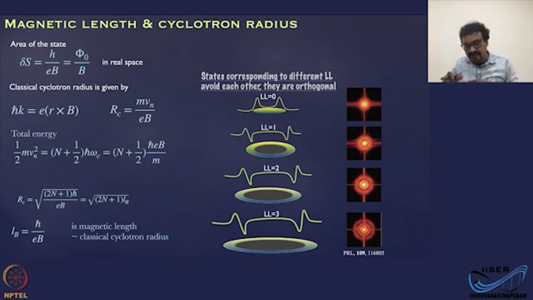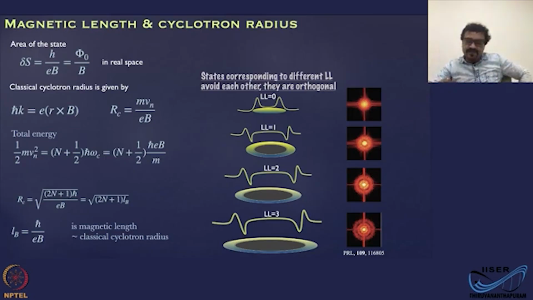So magnetic length is the physical dimension of the spread of each state in real space. We know that each state is represented by something like this, which refers to the cyclotron motion of the electron.